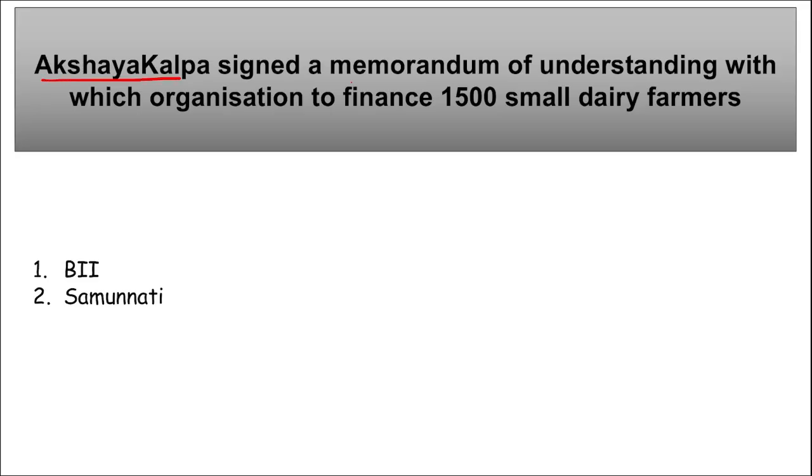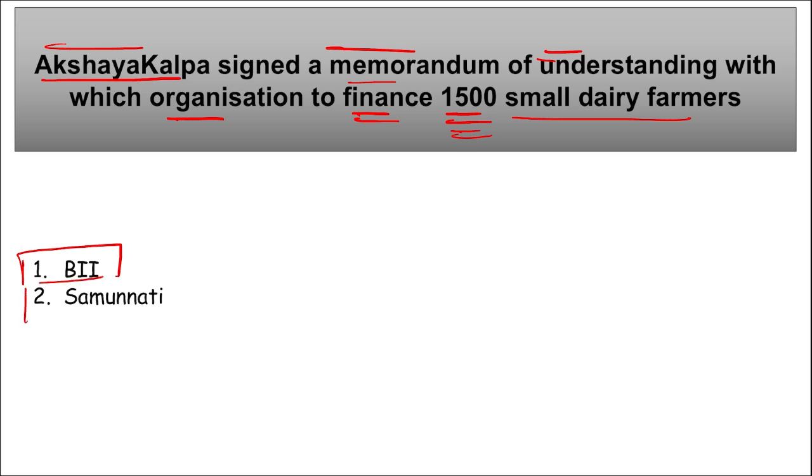Akshaya Kalpa signed an MOU with which organization to finance 1500 small dairy farmers? I repeat, Akshaya Kalpa, they signed an MOU with which organization to finance 1500 small dairy farmers? So it is BII and Samunati.